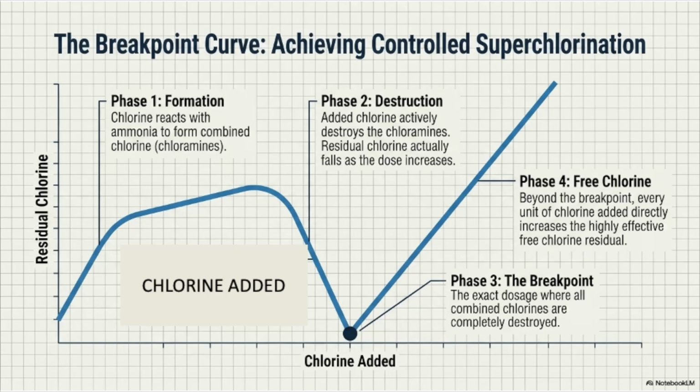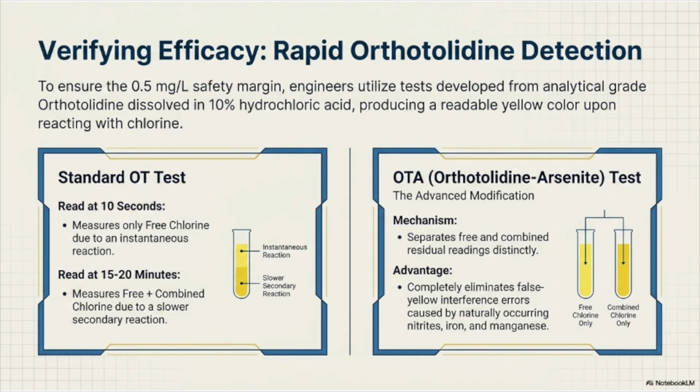Beyond this point, in the fourth phase, called free chlorine, every additional unit of chlorine added directly increases the highly effective free chlorine residual. To ensure the 0.5 mg per liter safety margin is maintained, engineers rely on rapid orthotolidine detection.